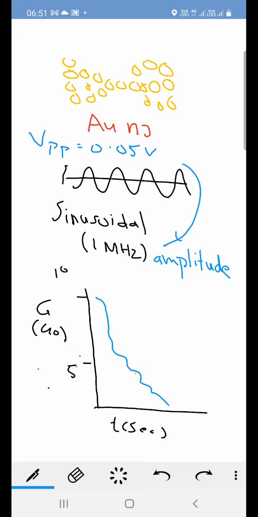Right. So this is where the G tends to 0 and there is a repetitive formation and breakdown. So at this point the G is almost equal to 0. Now this is where we can say that the nanojunction has broken. It is broken.